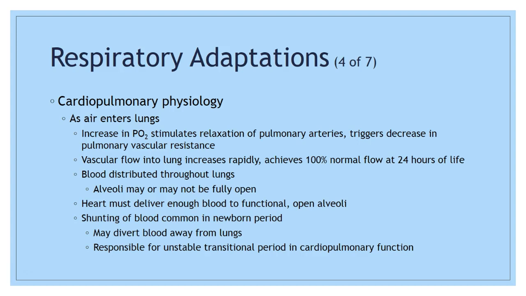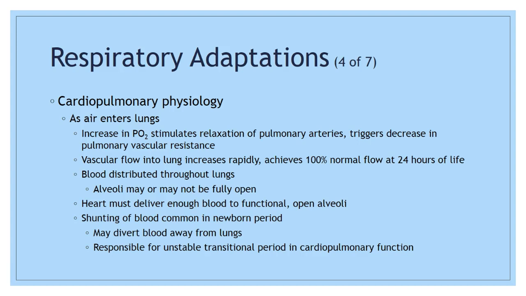But if we decrease the pressure in that area, then we can more easily force something into that space. So that's kind of what pulmonary vascular resistance is doing. So in order for all the physiology of this to work, pulmonary vascular resistance in the newborn has to decrease with that first cry. Vascular flow into the lungs will increase rapidly once pulmonary vascular resistance decreases.